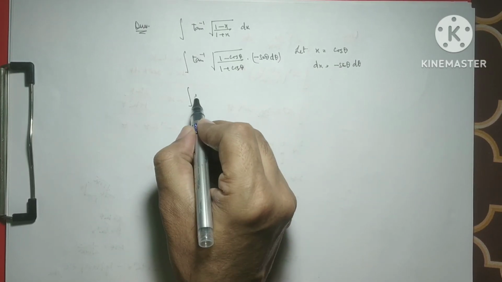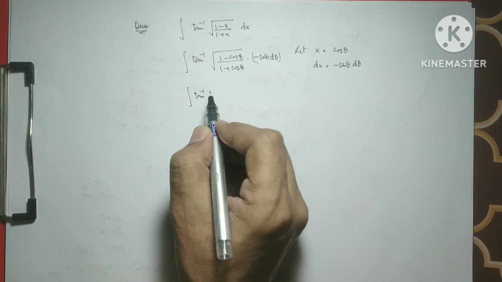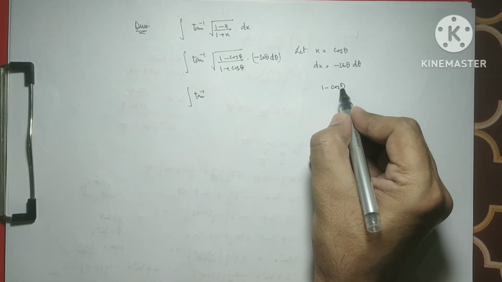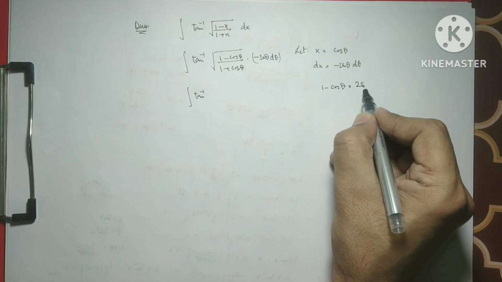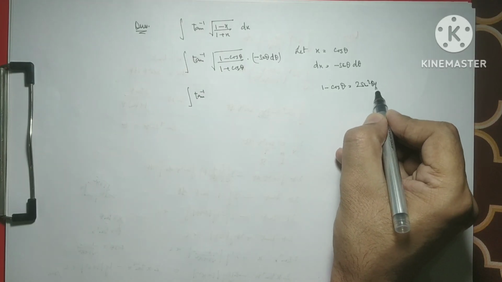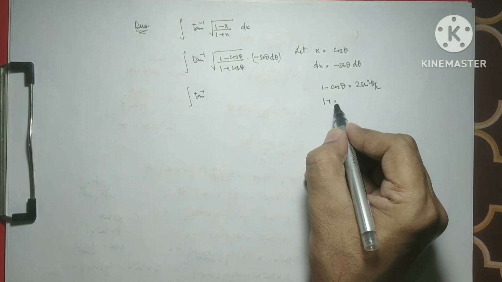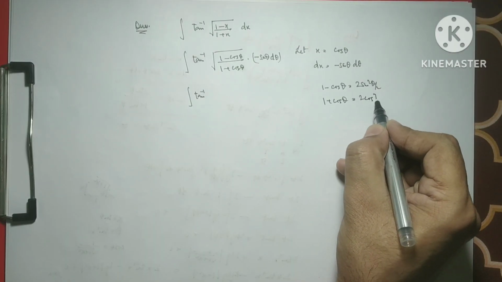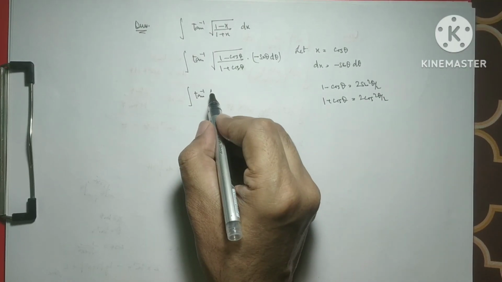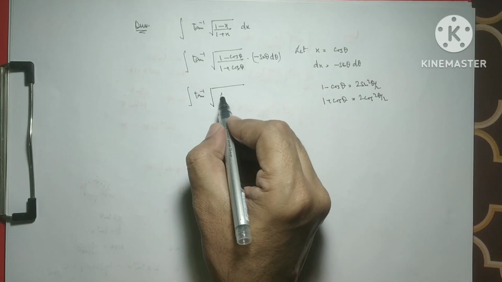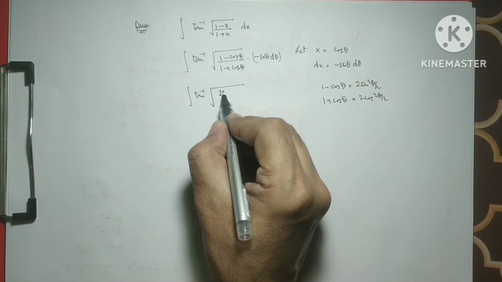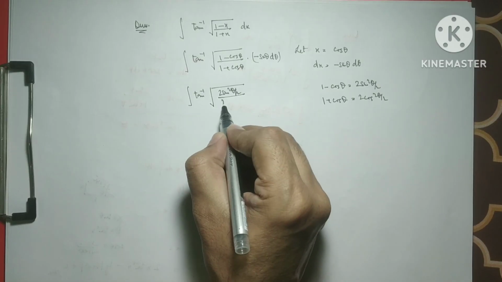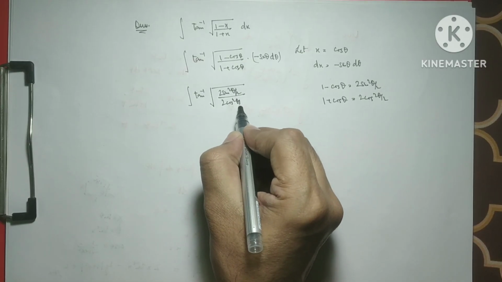So it is tan inverse, and according to the half angle formula 1 minus cos theta is 2 sin square theta by 2 and 1 plus cos theta is 2 cos square theta by 2. We place it in under root 2 sin square theta by 2 over 2 cos square theta by 2.